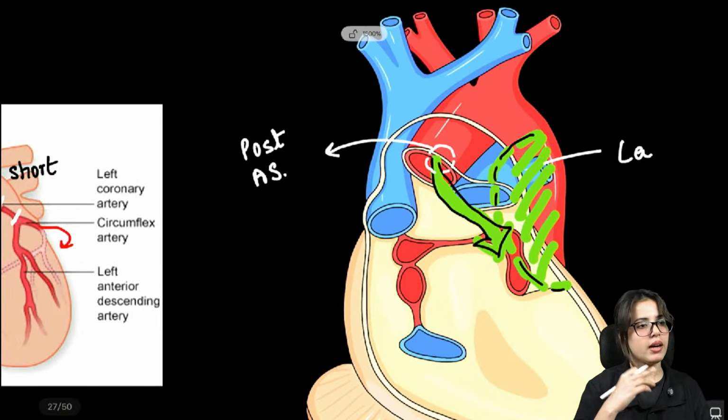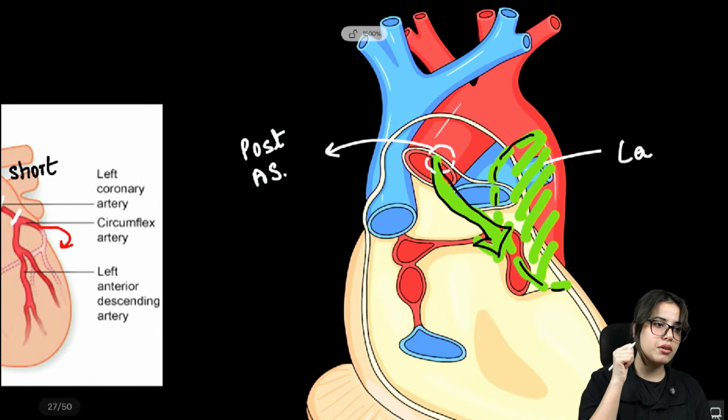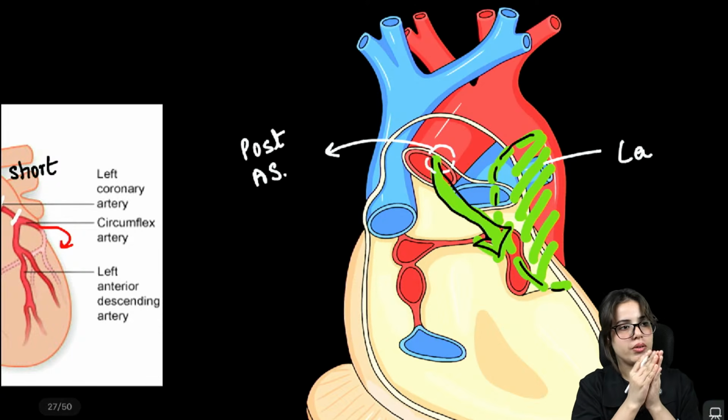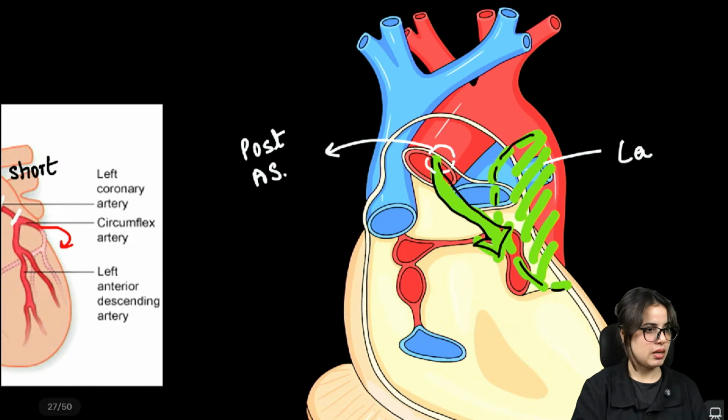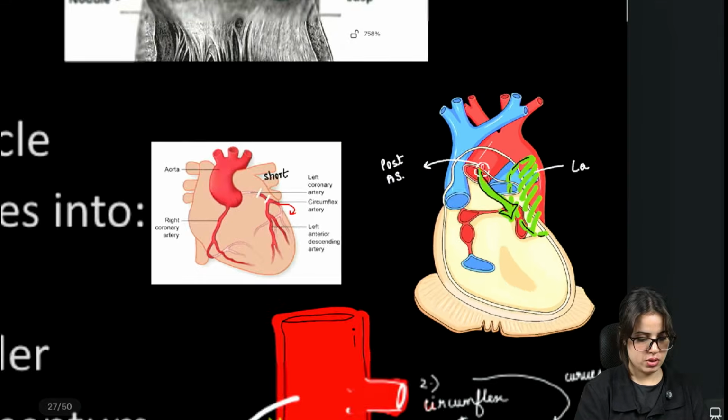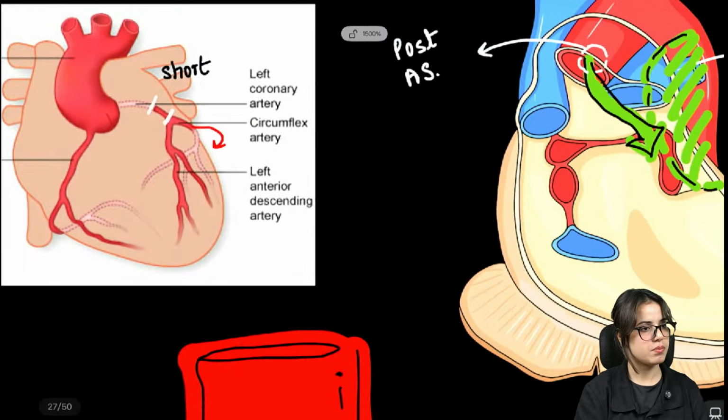Just as the right coronary artery begins between the pulmonary trunk and right auricle, this also does the same between the pulmonary trunk and left auricle. It starts from the left posterior aortic sinus.